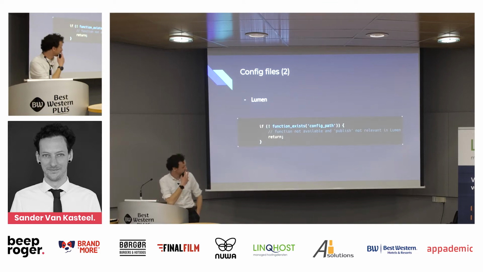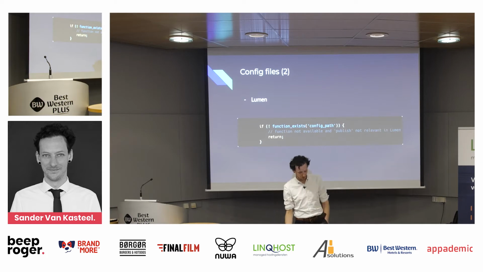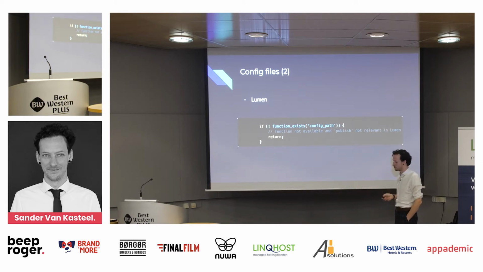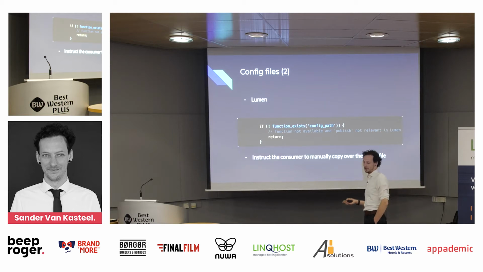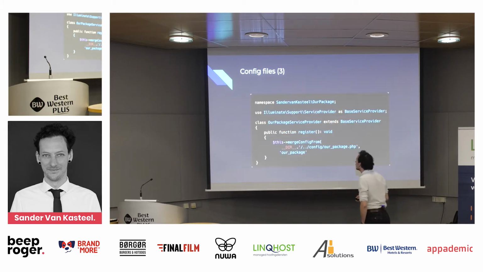Okay, there's one catch for Lumen. If you want to offer that, Lumen doesn't have the configuration path helper. So if you want to offer your package to Lumen, you'll need to instruct the consumer to manually copy over the configuration file.